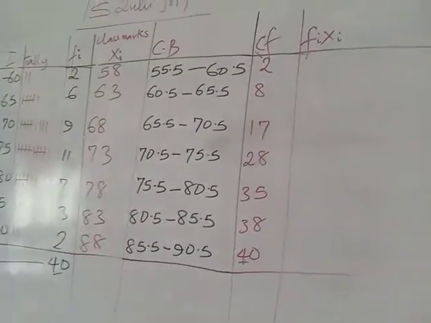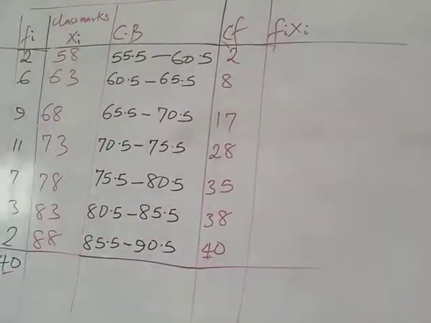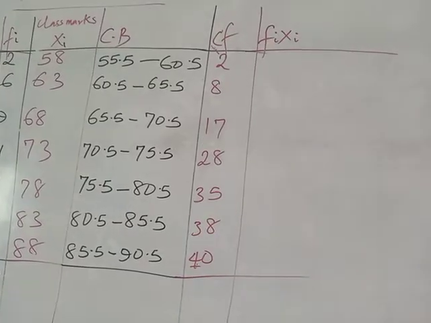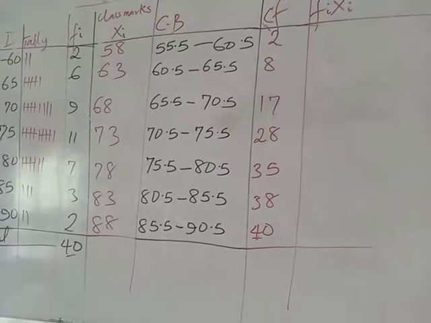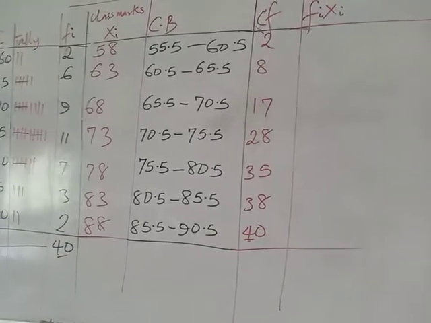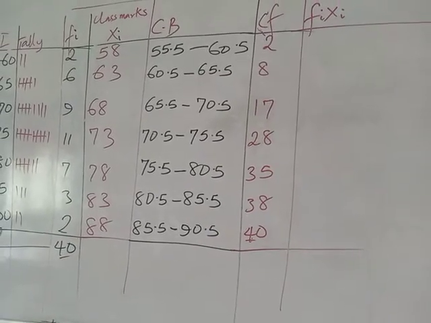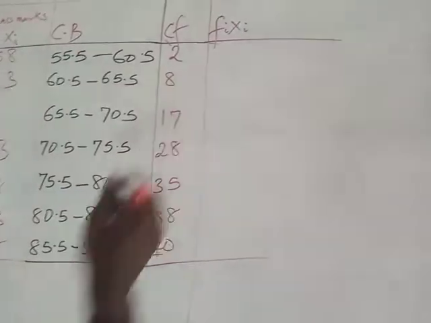So let's look at the multiplication. When we multiply 2 times 58, we are going to have 116.